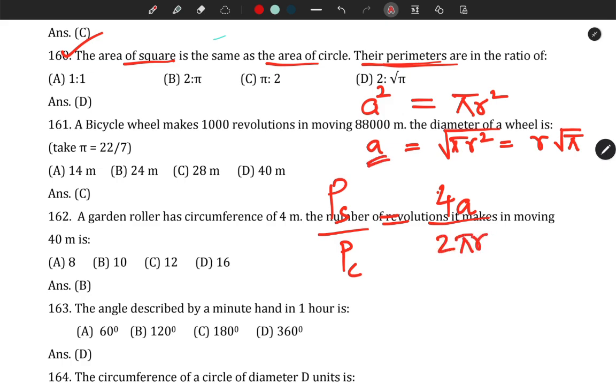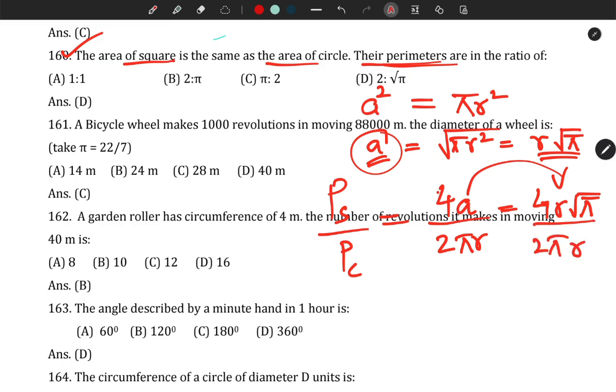Now we'll substitute this value of a, so it will be 4 times r into root pi, because a is r into root pi, and divided by 2 pi r, this we can cancel, so 2 r is cancelled, so we're left with 2 root pi divided by pi.